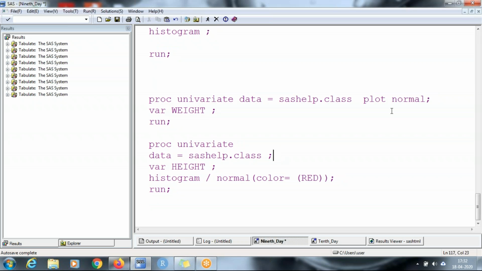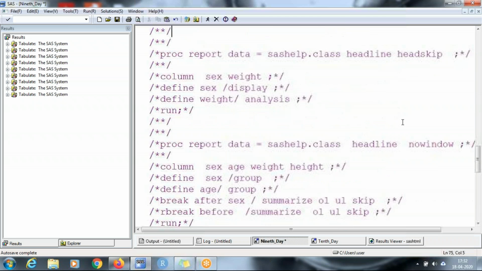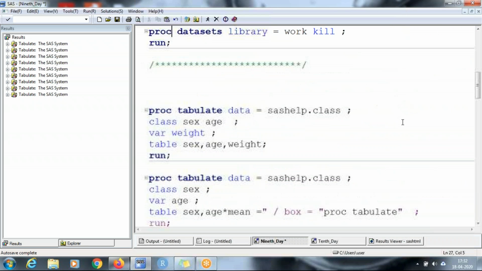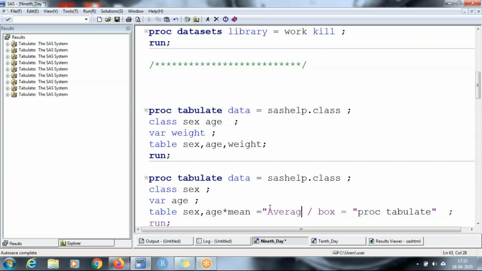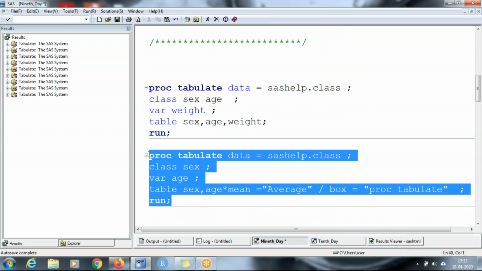Give me a second. Oh, that's wrong. So now this will print average in place of mean.